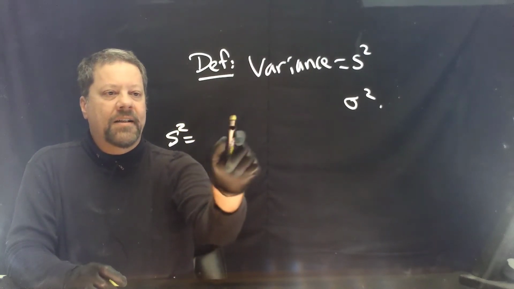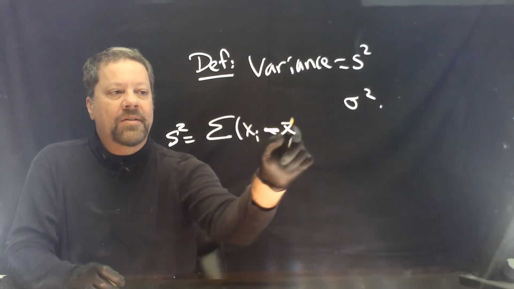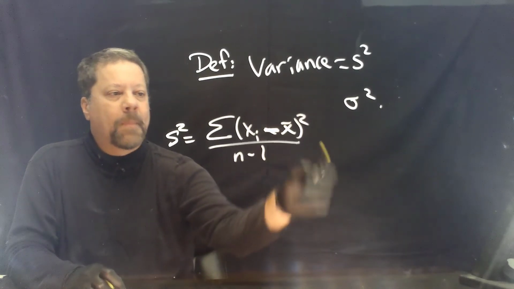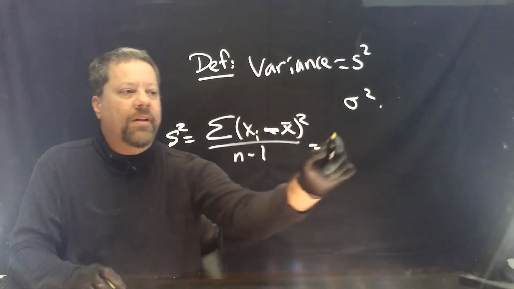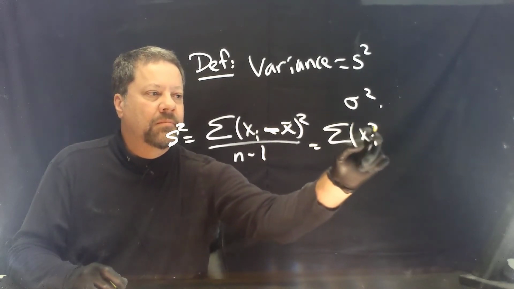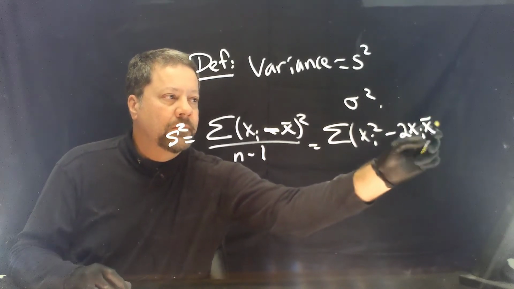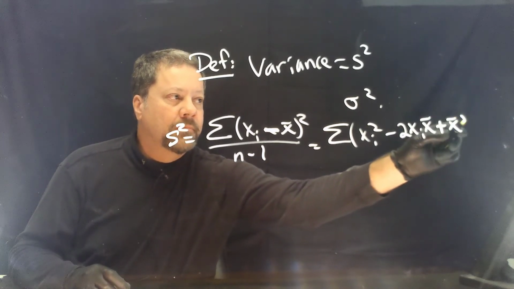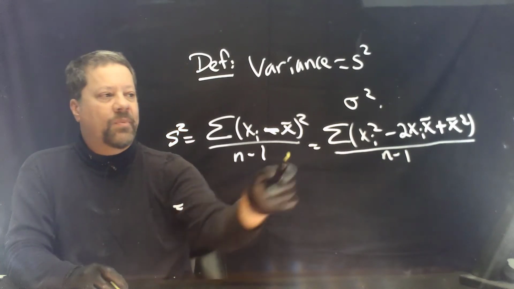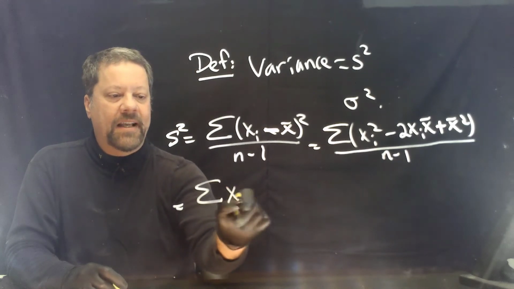The variance is the sum of our data values minus the mean, quantity squared, divided by n minus 1. Now, we can FOIL this out on the top. And we can separate this up into the sum of these data values squared.